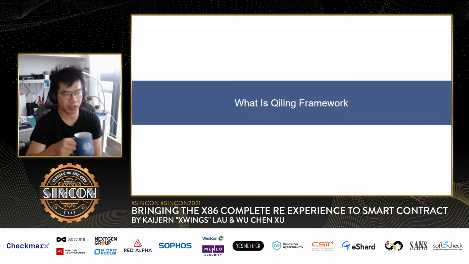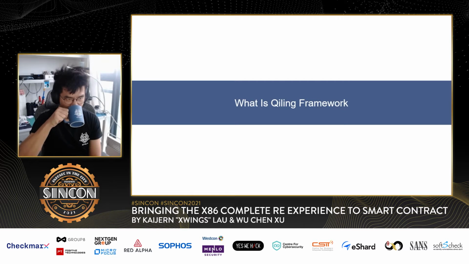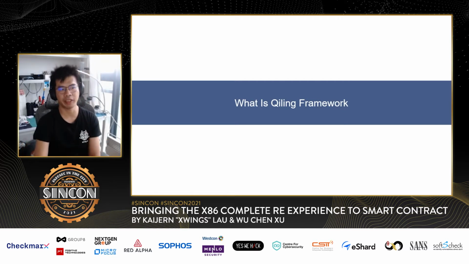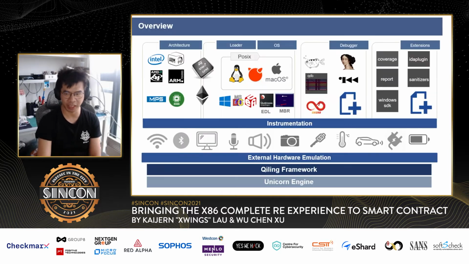So before we go into smart contracts, there are a few things that we wanted to do with the Qiling framework introduction. First things first, these are most probably the platforms that we are supporting. When I say most probably, the only reason is that we are looking at the things that we know.